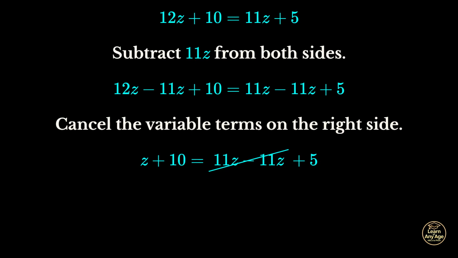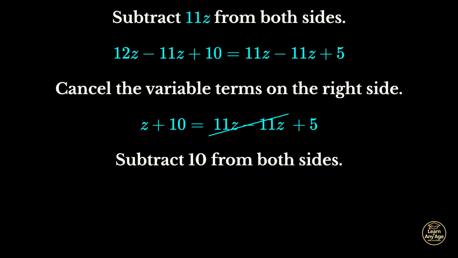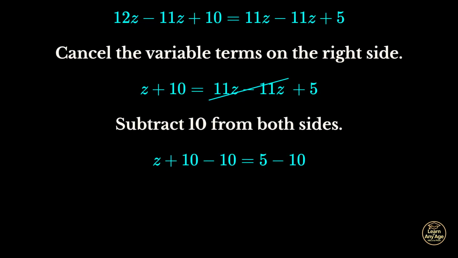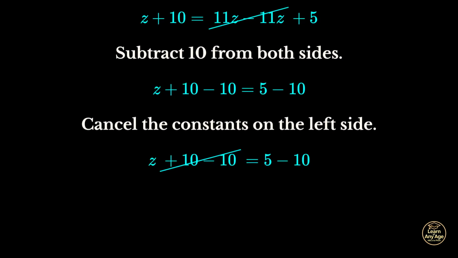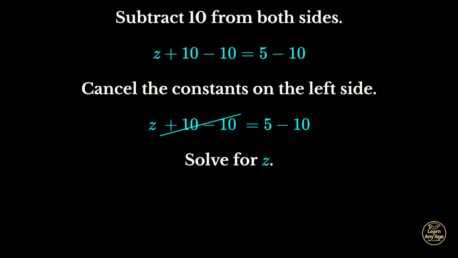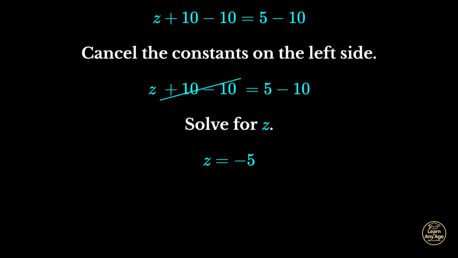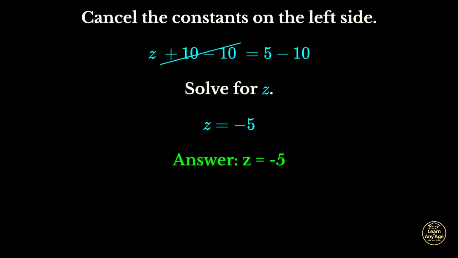Z plus 10 equals 5. Subtract 10 from both sides. Z plus 10 minus 10 equals 5 minus 10. Cancel the constants on the left side. Solve for z. Z equals minus 5. Answer, z equals minus 5.